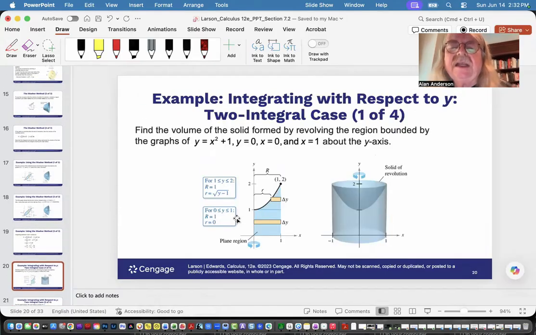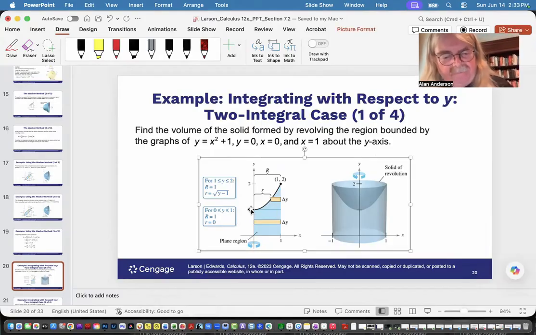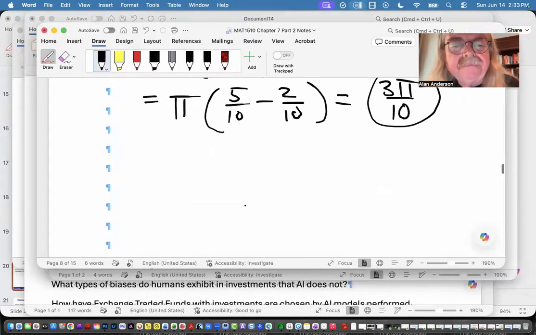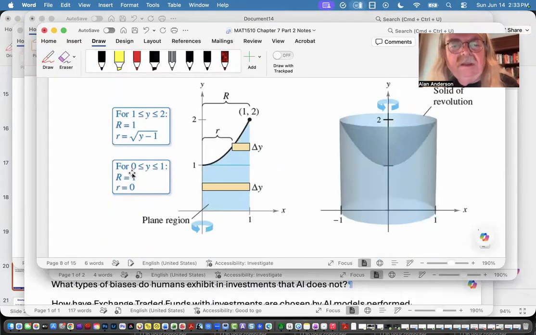Now sometimes we have a much more complicated situation here. It's actually possible to do this in two stages, because if you notice in this diagram, there's a portion where we reach the vertical axis and a portion where we don't.